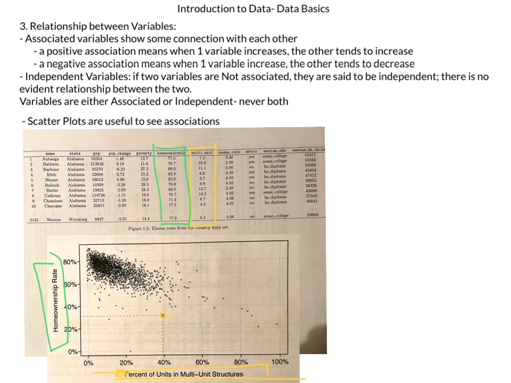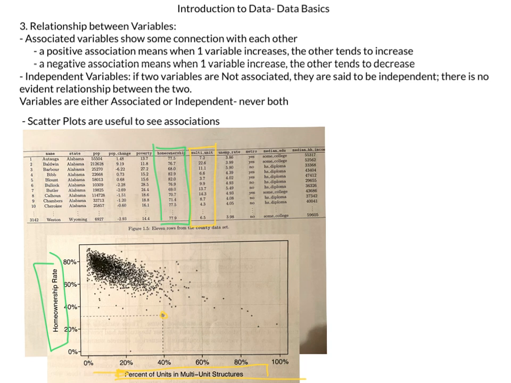And what happened is I think there were 3,142 counties studied. So what they did is for each county, let's take a look at this first county. There's Atuga, which is in Alabama. We plotted on the x-axis multi-units, the percentage of multi-units.